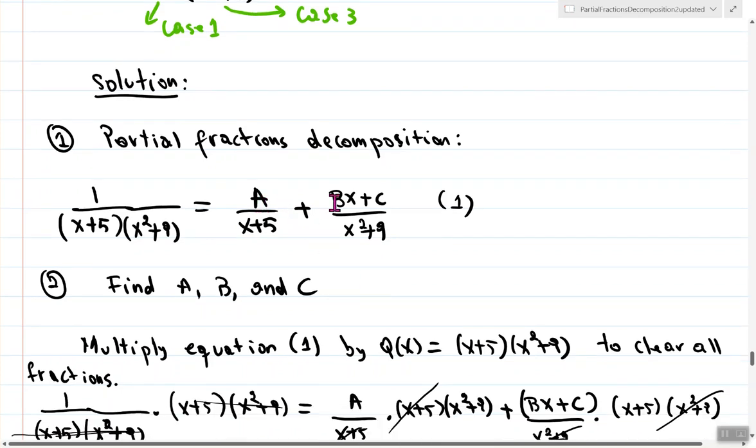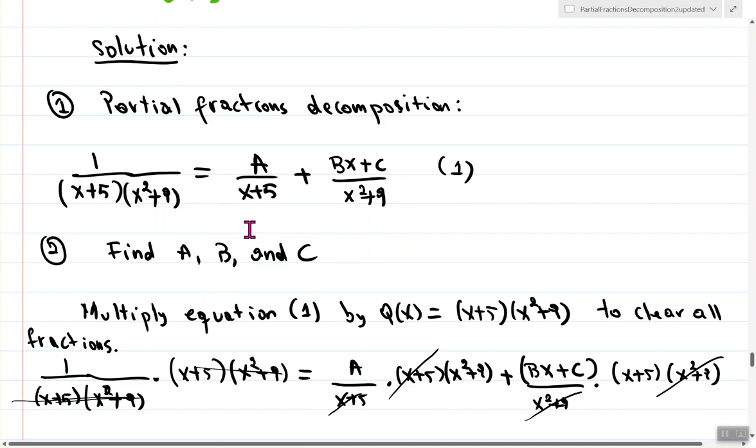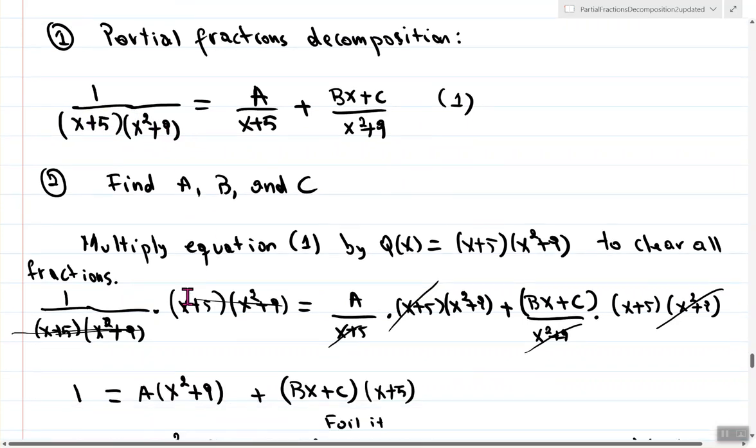To find a, b, and c, we're going to clear all fractions. For all cases, to clear all fractions, we always multiply by q of x, the denominator. So we multiply the equation by the denominator, both left and right: the quantity x plus 5 times the quantity x squared plus 9.